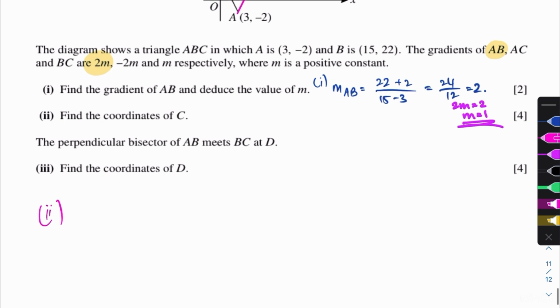Okay. So I'm just going to rewrite the gradients down. So mAB equals 2, mAC, it says it's negative 2m, and since m is just 1, it's just going to be negative 2. And mBC is just 1.